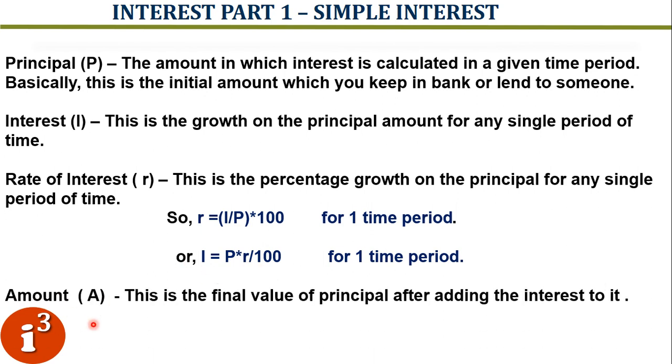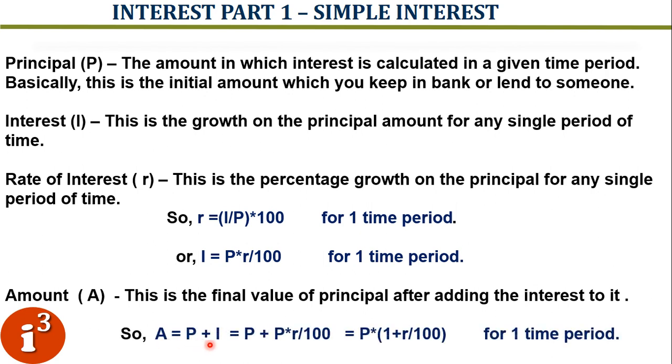So what is amount then? Amount is the final value of the principal after adding the interest to it. So the final value will be that 1000 rupees plus the 100 rupees interest which the bank gives you, that 1100 rupees is the amount for you. So amount is P plus I, that is principal plus interest. From this we can write P plus P into R by 100.